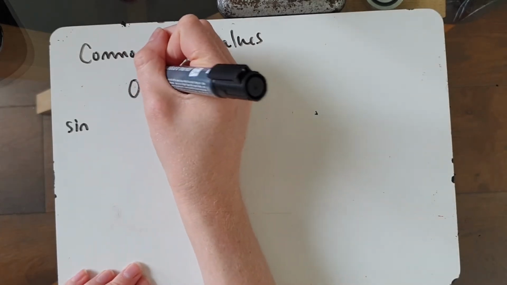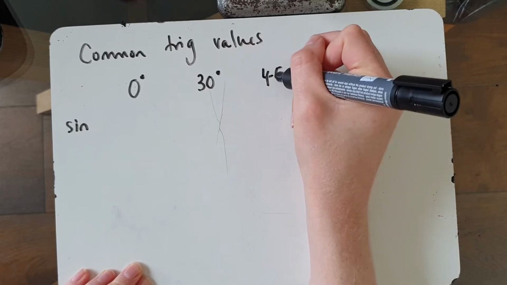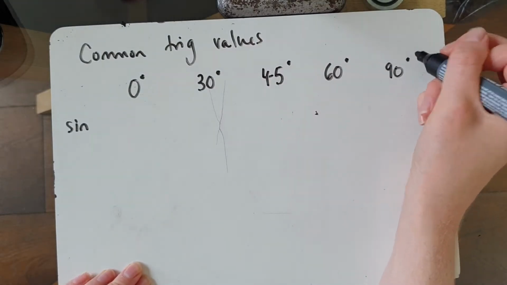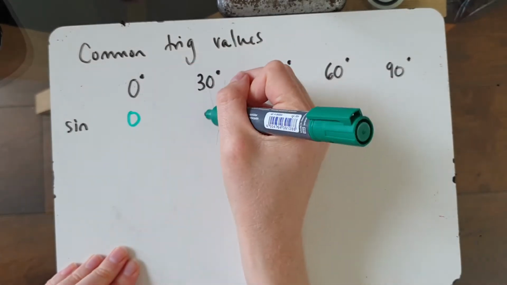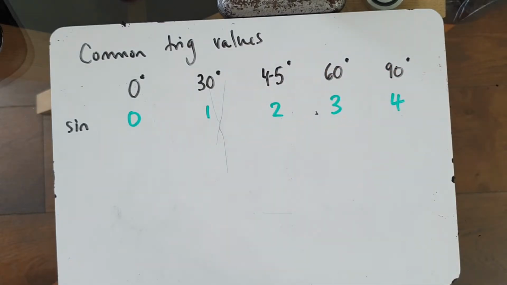We need to know them for 0 degrees, 30 degrees, 45 degrees, 60 degrees, and 90 degrees. If you want to write those down for sine and you have no idea, just start with 0 and count. So 0, 1, 2, 3, 4.